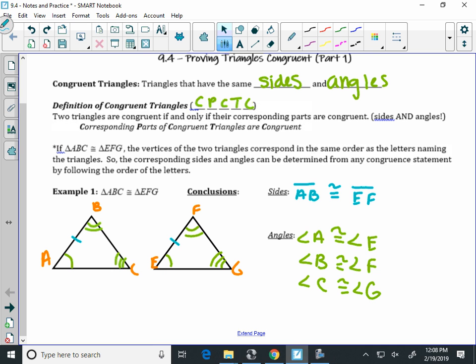We go back to the first triangle, BC is in between 2 and 3 arcs. So BC has to be congruent to what side? FG, because it's in between 2 and 3 arcs. And again, we talked about this when we did transformations and similarity. I wrote this in order. BC is congruent to FG.